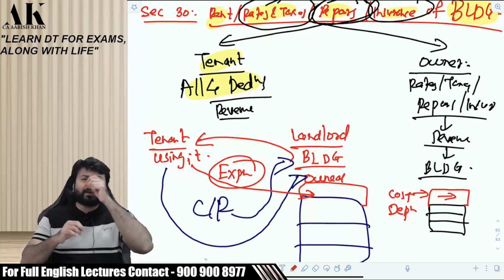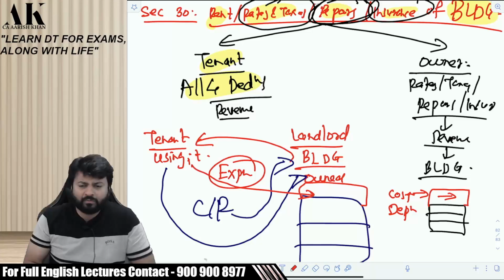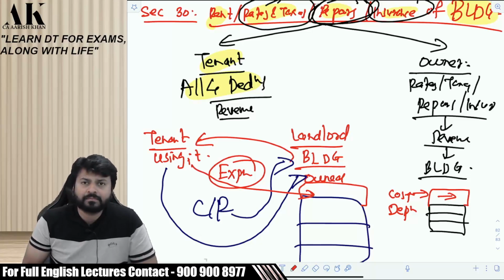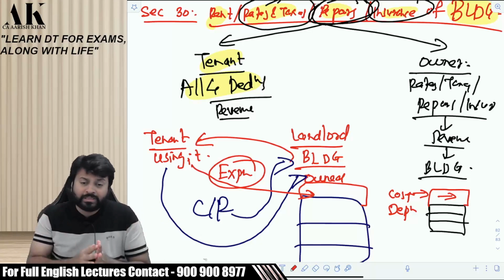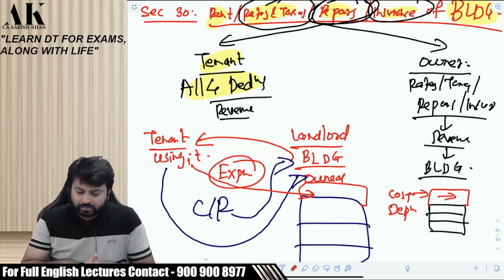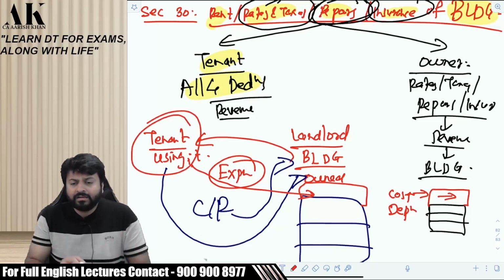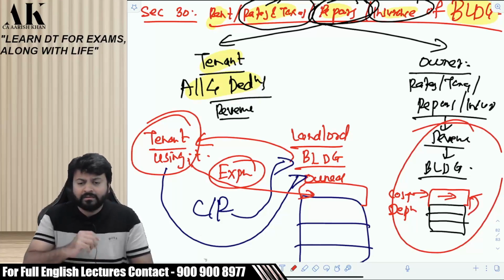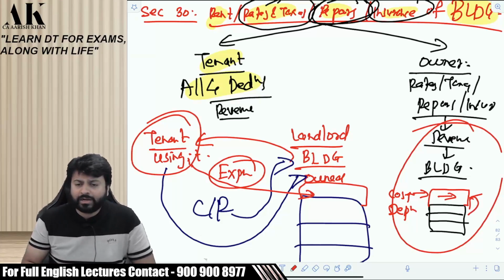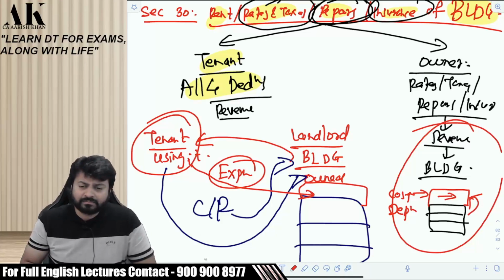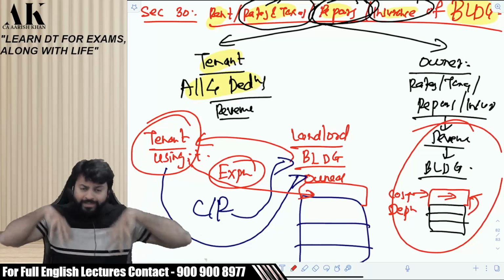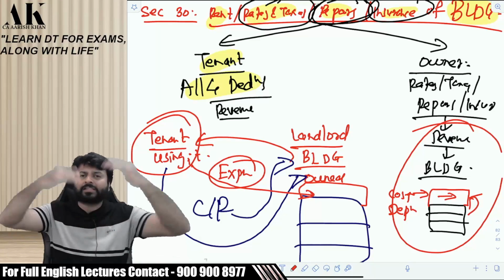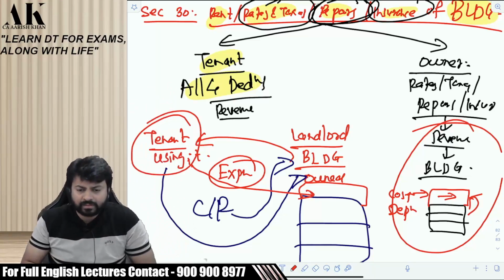So if he needs the property for a very large period of time, then in that case he may think about doing this. So will he get deduction? How? The building is not owned by him. Where will he add it in the block? Here the building is owned by the assessee, so he adds to the block of building. Are you able to understand the problem over here? When you own the building, you can add the extension to the cost of the building in the block of asset.